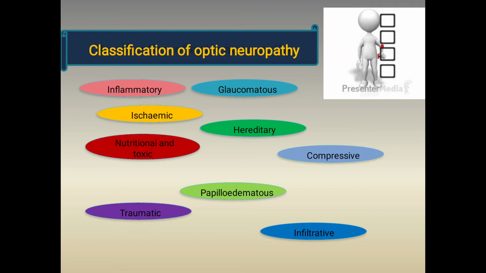Glaucoma, of course, affects the optic nerve. There are some hereditary diseases like Leber's optic neuropathy, in which the optic nerve is affected. And if the intracranial pressure is raised, then also the optic nerve is affected. This is called papilledema. We'll discuss this later in slightly more detail.